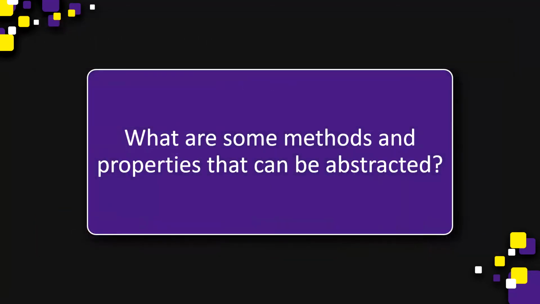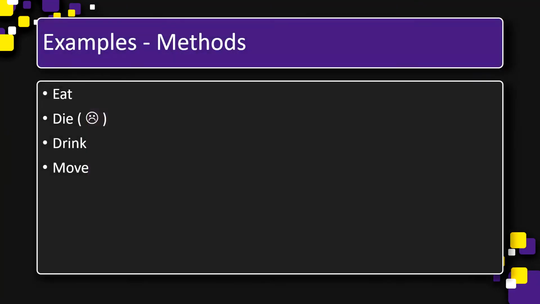So if we go ahead and look at my next slide here, we'll see that they all need to eat. All animals need to eat. They're all going to die, so we need a way to handle that process. They need to drink, they need to consume water, and they need to be able to move. So in our particular example, that's what we need in order to actually implement these things.